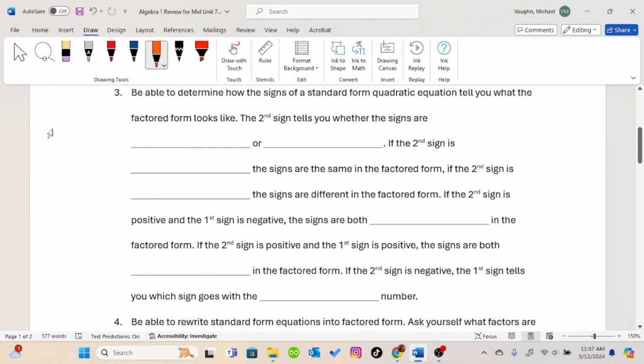Concept number 3. You need to be able to determine how the signs of a standard form quadratic equation tell you what the factored form looks like. The second sign tells you whether the signs are the same or opposites.